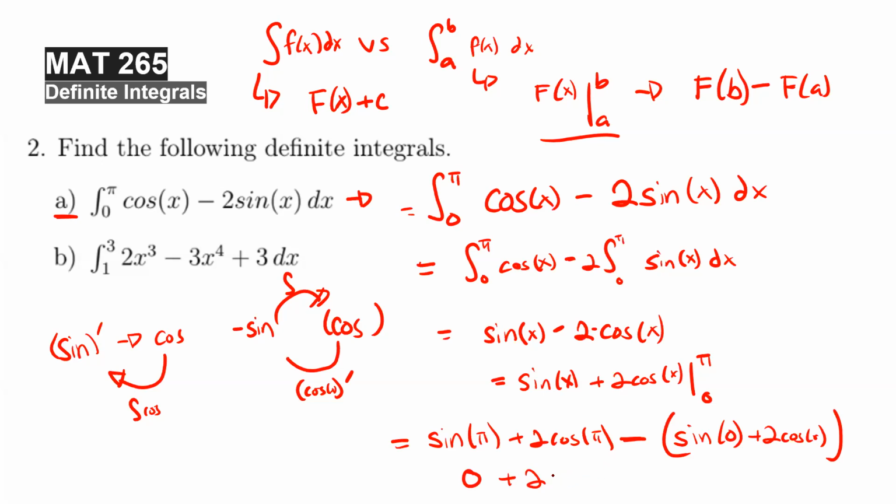In case you remember, sine of pi is 0, plus 2 cosine of pi, which is negative 1, minus sine of 0, which is also 0, plus 2 cosine of 0, which is 1.